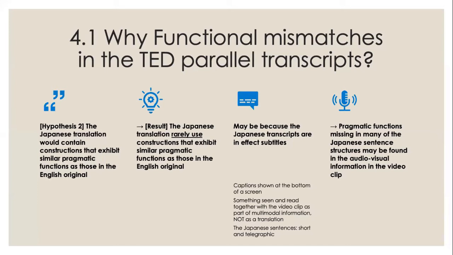In fact, the sentences in the Japanese version tend to be short and telegraphic, presumably because of the limited space allocated for subtitles and the requirement to be displayed in sync with the audiovisual information in the video clip. Thus, what makes sense is to think of the Japanese transcript as a set of subtitles, something that should be seen and read together with the video clip as part of multimodal information, not as a translation.